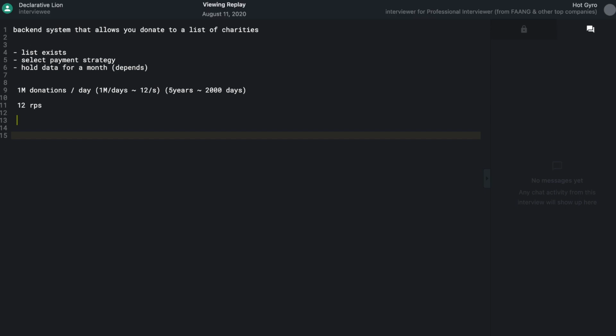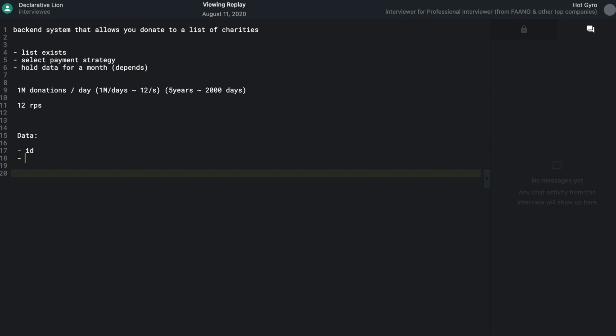What else do we want to estimate? What kind of data would we like to store in our system? Users could be anonymous or not anonymous with their donations, but still we want to store some kind of ID for users. If the user is anonymous, we would generate some kind of random ID. But if the user would like to not be anonymous, he would sign up in our system, and we would have an ID for him.